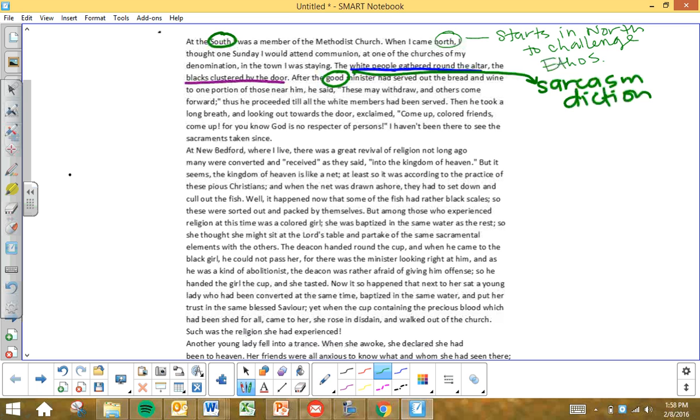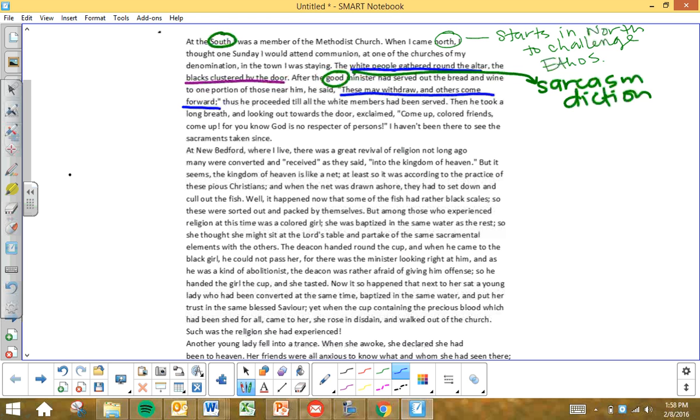So who's coming forward? Who's still getting this happening? So the minister and others that come. So we take one group, so down, another group, so down. As he proceeded, he told all the black members how to serve.